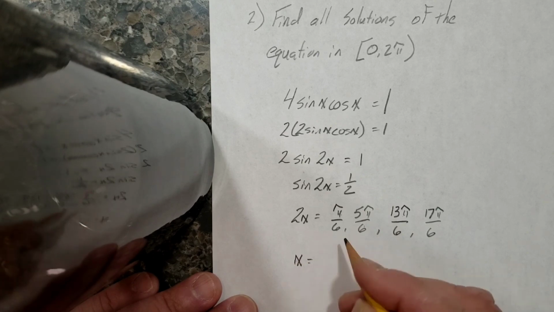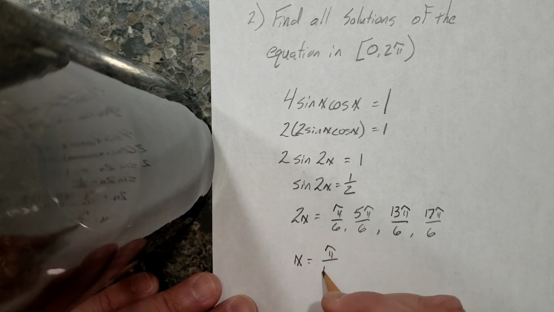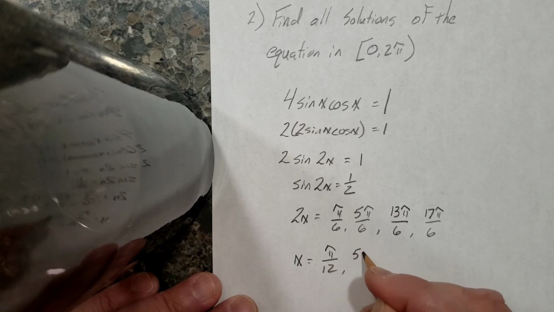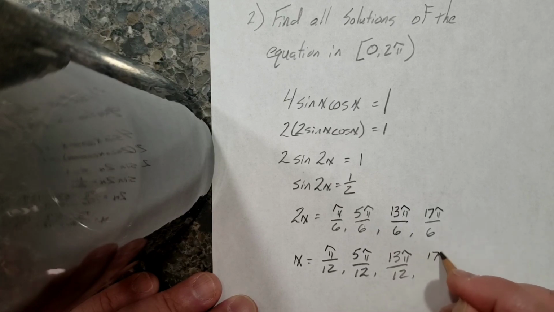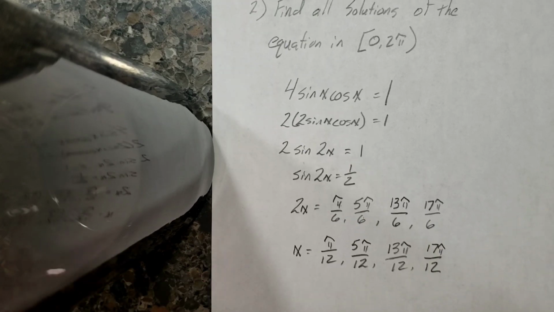But in order to get x, we have to divide everything by 2, which now makes all of our denominators 12. So all of our answers are now different. And we end up with these 4 answers, which all fall between 0 and 2 pi. And those are our answers.